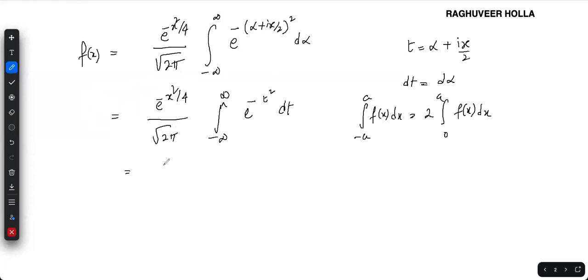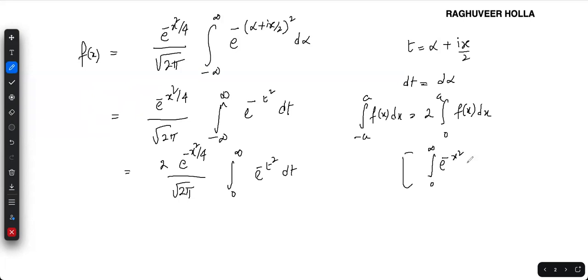So I can write this as 2 times e to the power of minus x squared by 4 divided by root 2 pi, integral 0 to infinity e to the power of minus t square dt. Now, as you know, integral 0 to infinity e to the power of minus x square dx is root pi by 2.